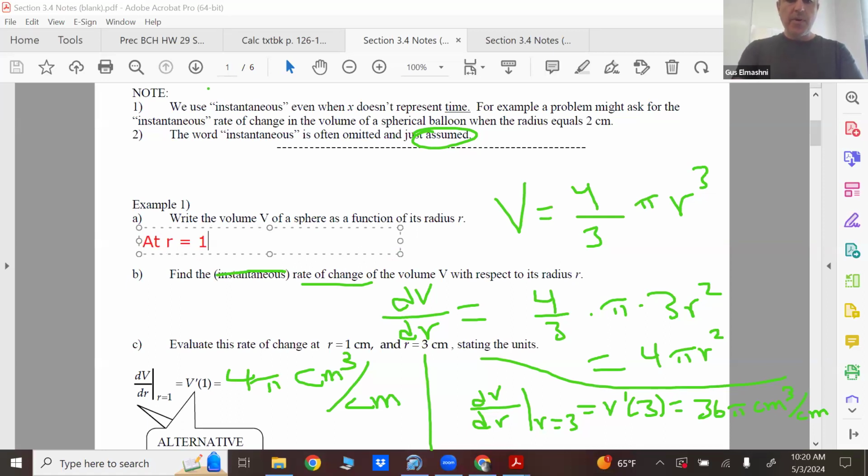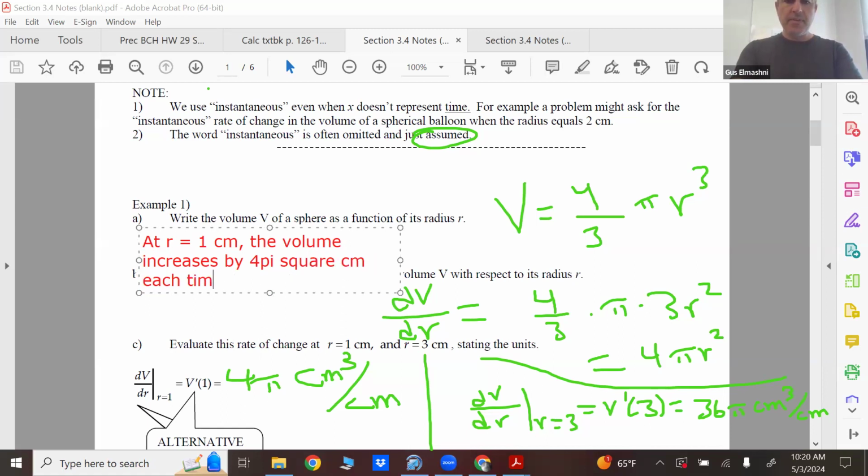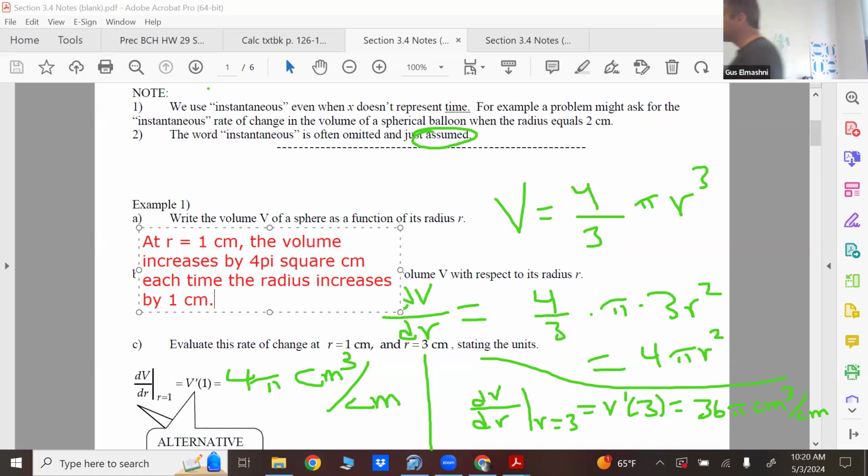At r equals 1 centimeter, the volume increases by 4 pi square centimeters each time the radius increases by 1 centimeter. That's what you want to say if you're asked to interpret this. That's why we leave it like this, to show that when this changes by 1 centimeter, this changes by 4 pi centimeters.